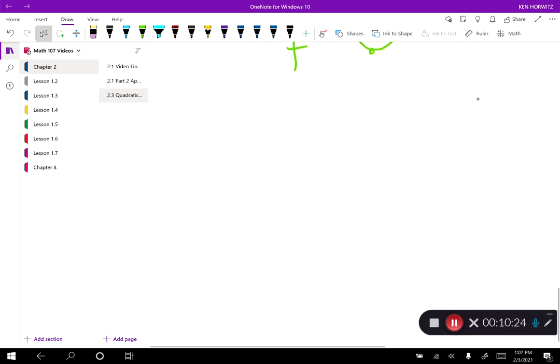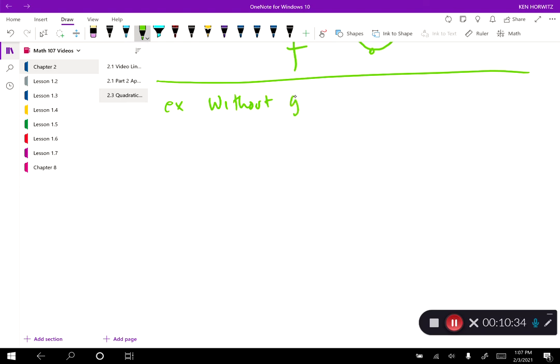All right. So here's another type of problem we could do. This one's a little bit quicker. Without graphing, locate the vertex, the axis of symmetry.